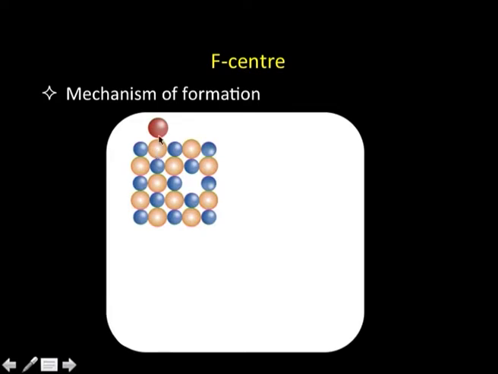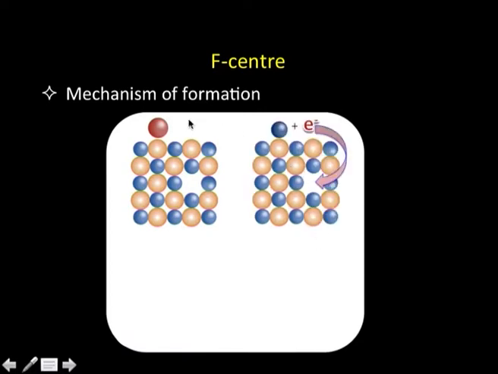Now, this is my sodium atom which has got adsorbed onto the lattice. Now, this sodium atom ionizes to give a sodium ion and an electron. That is my step 1, the first step is adsorption. The second step is ionization of the sodium atom to give a sodium ion and a free electron.